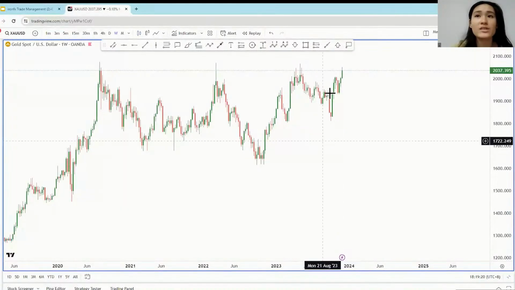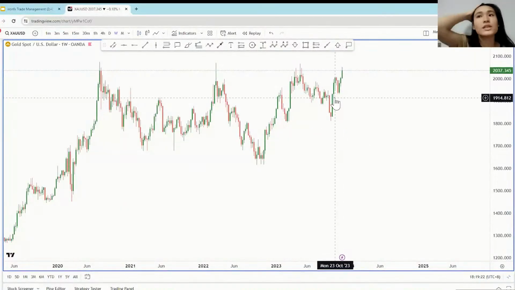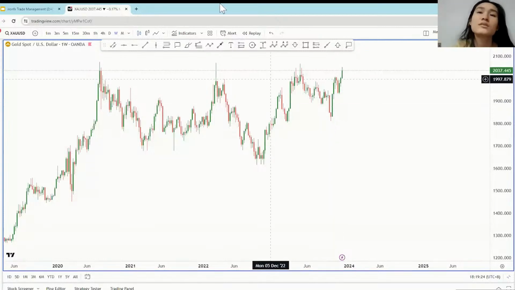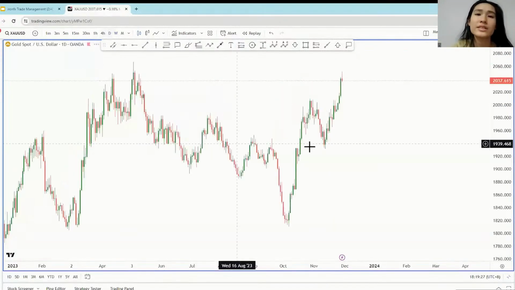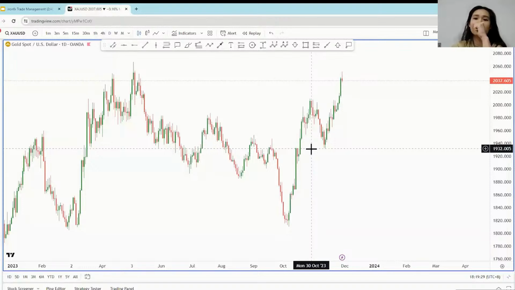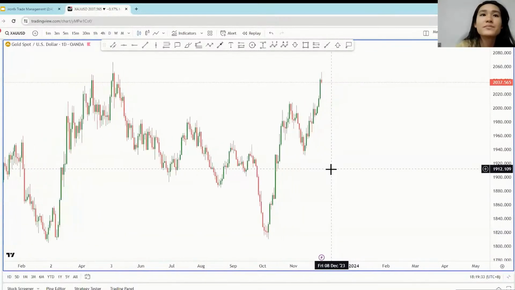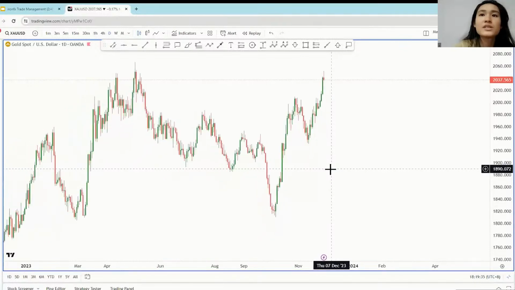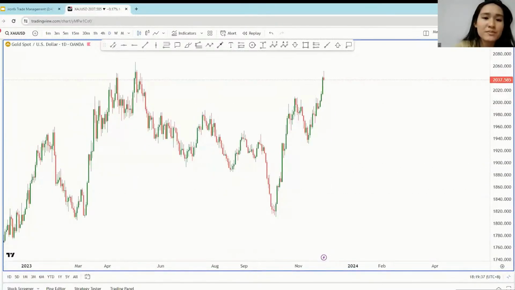You can see that price is pretty bullish over here. Let's look at our daily time frame. Our daily time frame is also clearly on an uptrend.